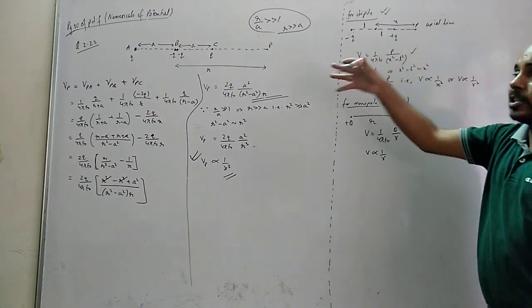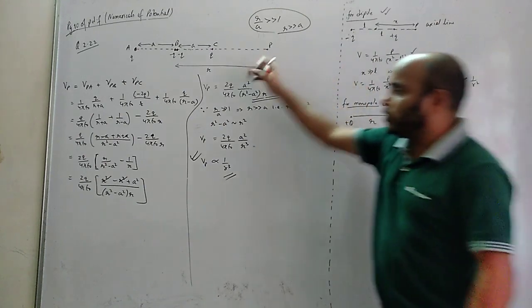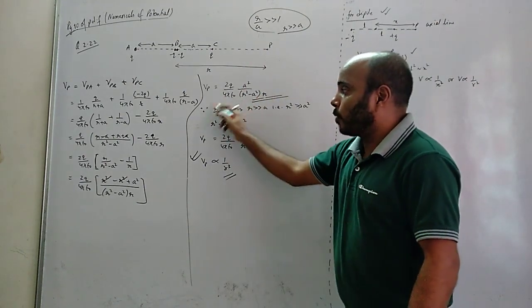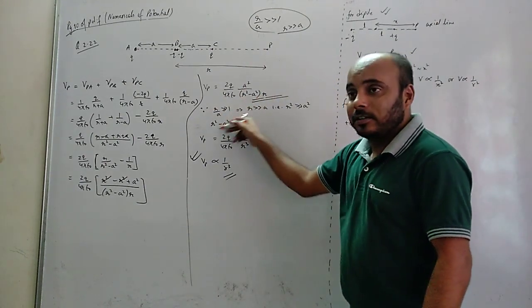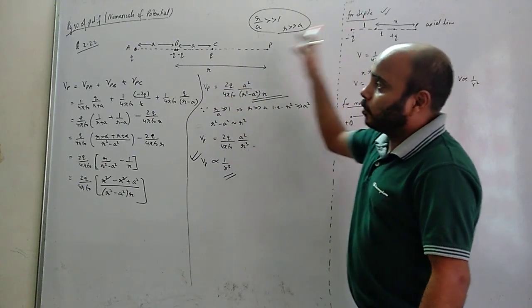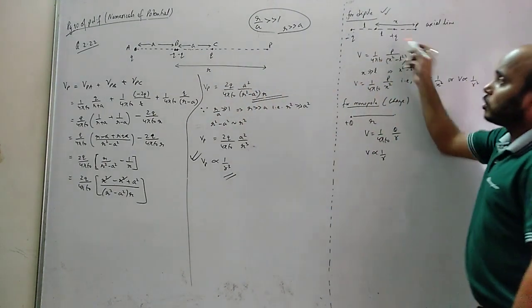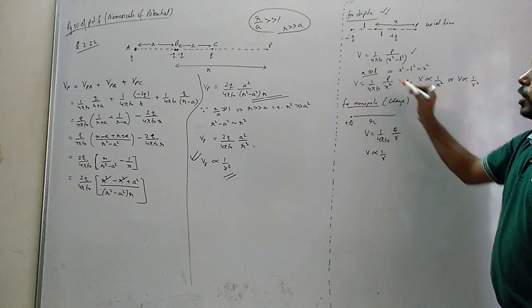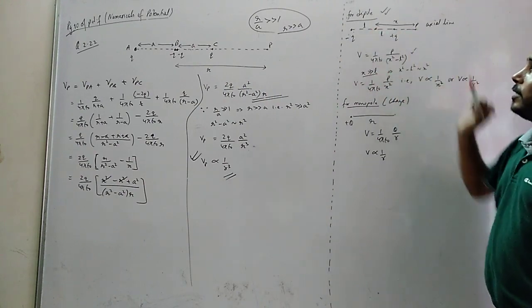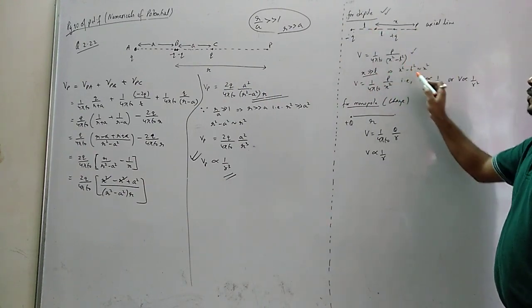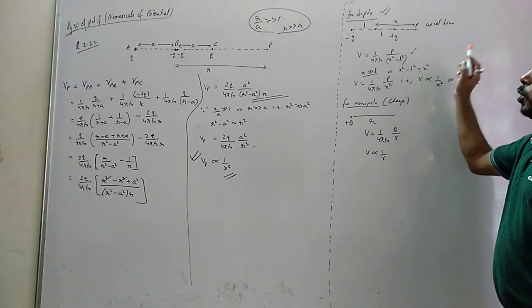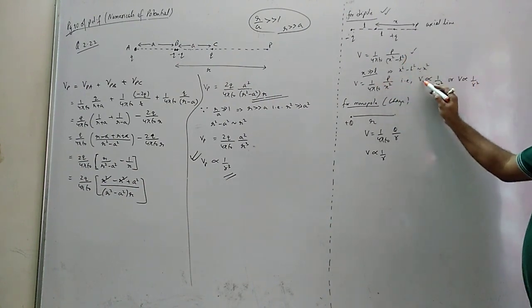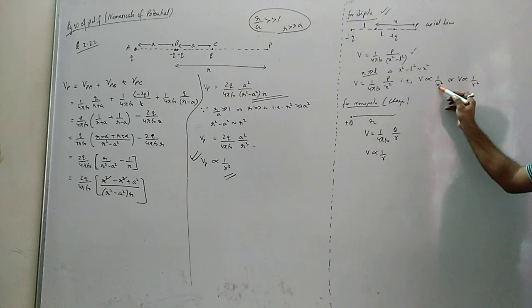Here also I'm using the short dipole case, the short case, where distance is far more than the size. What is the short case? x is greater than L, that means x square minus L square is similar to x square. L can be ignored. So if I substitute, potential is inversely proportional to distance square.